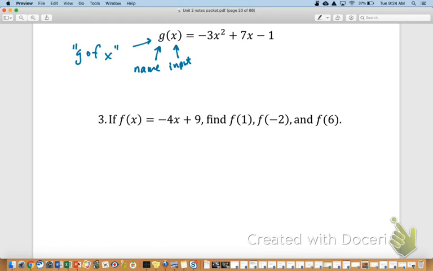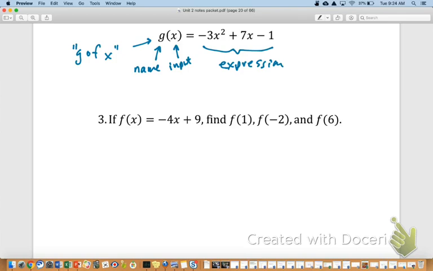So this is just a different way of evaluating, a different way of seeing inputs and outputs. This over here is our expression that we're going to be evaluating. And as you guys have already been doing a lot of, we're going to be plugging a number in for x for that expression. So I wanted to give you a couple of examples to think about. I'll do the first one with you and see if you guys can do the other ones.